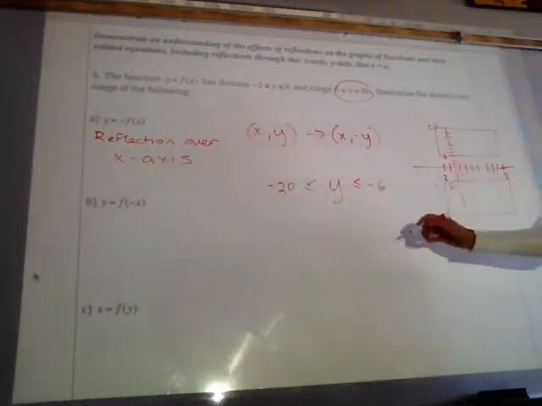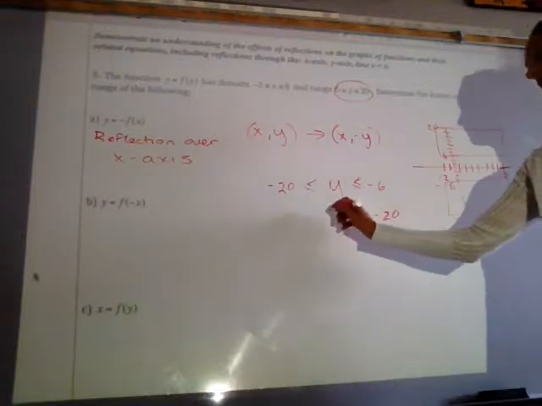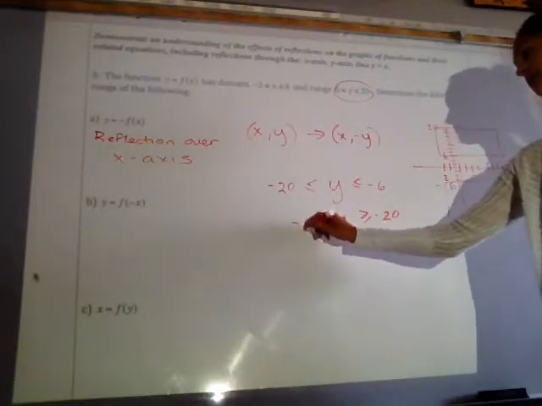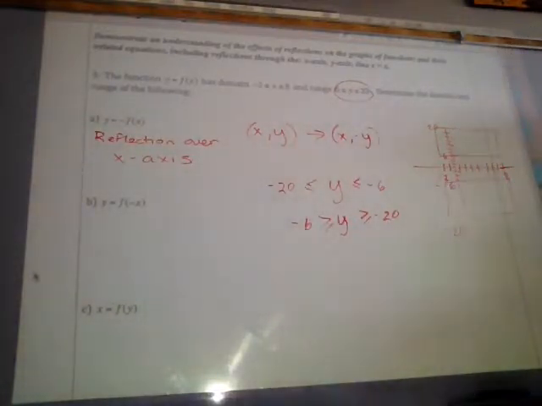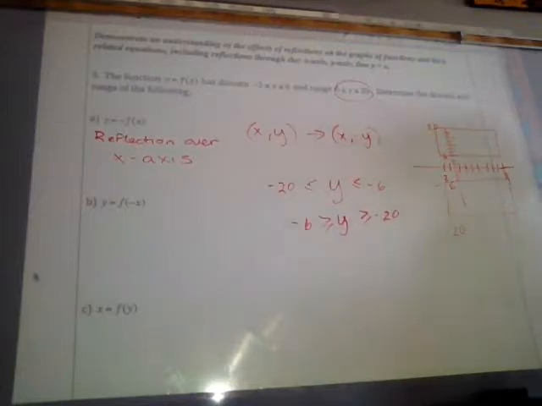Or if you wanted to have the 20 on the same side, y is greater than or equal to negative 20, y is less than or equal to negative 6. So just be careful with questions like that, because sometimes just the direction of where the inequalities are facing can throw you off. It doesn't hurt even to draw a little picture if you want.